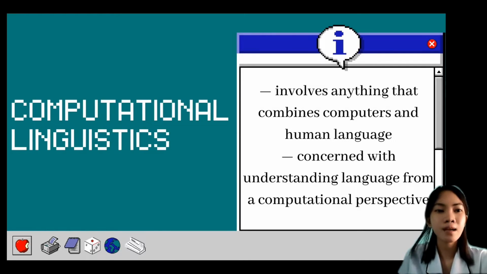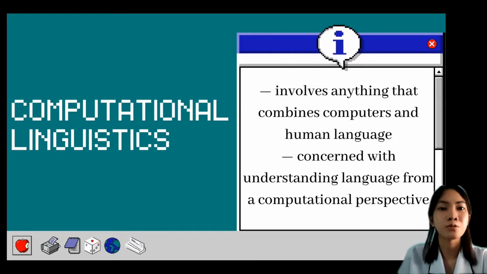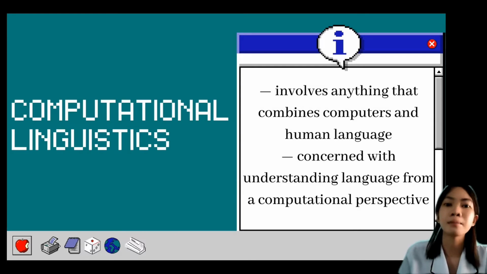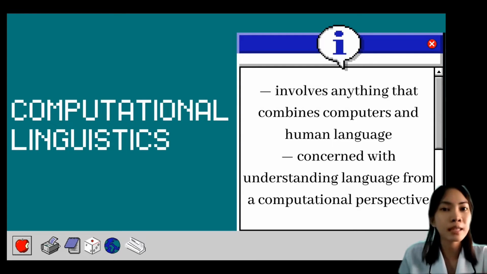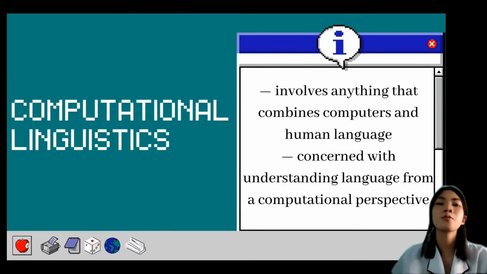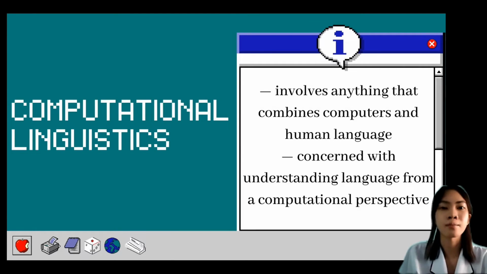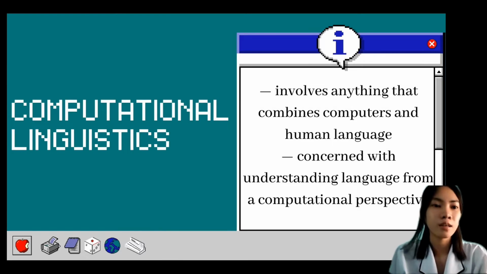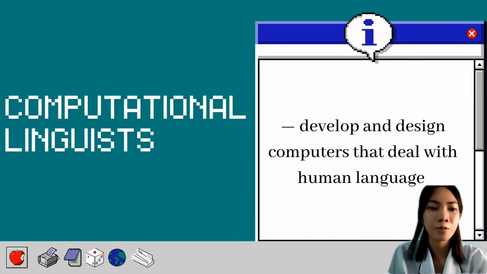And also, computational linguistics is concerned with understanding language from a computational perspective. So when we say computational perspective, it means we're using language through the involvement of computers. The ones who are responsible for those things are called computational linguists.